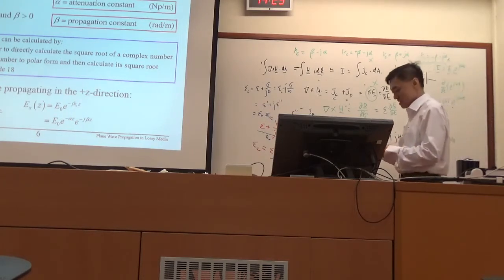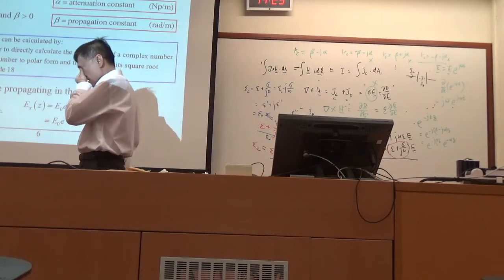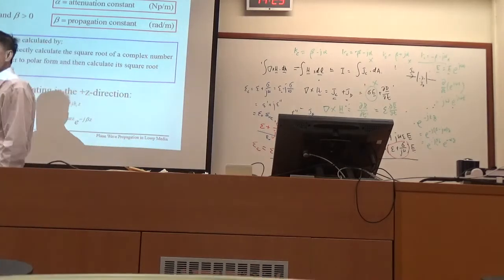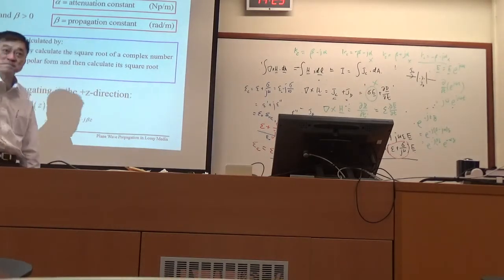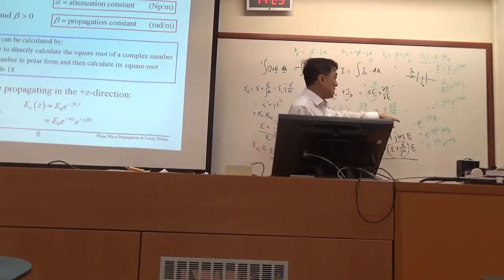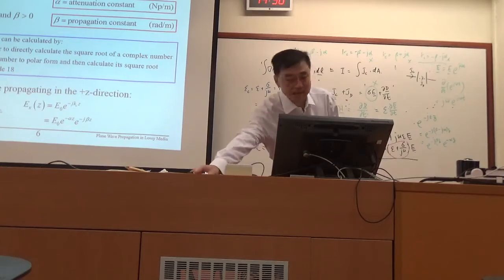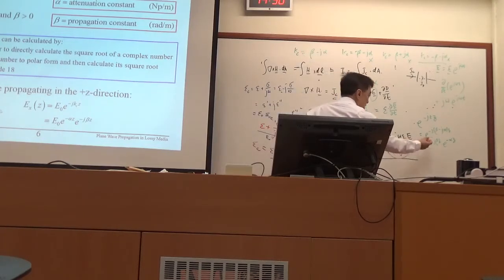Somebody tell me why. Very simple, alright, very simple. Because if this is a minus over here, this one becomes plus. If beta is minus here, this will become plus.